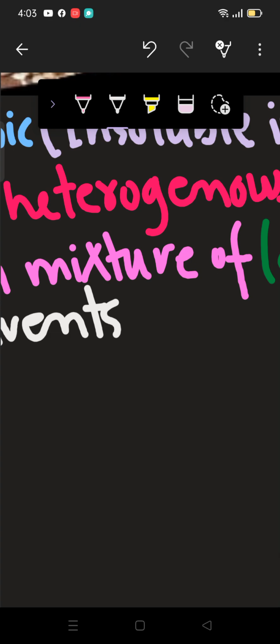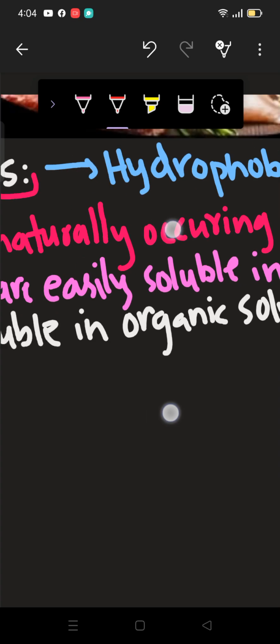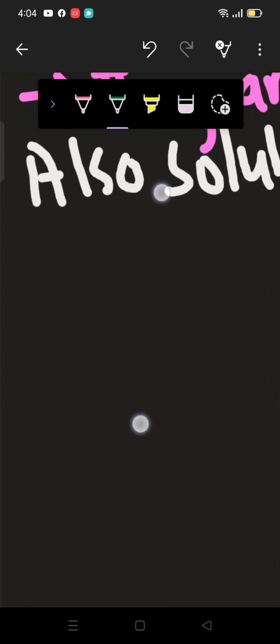And what are those organic solvents? Those are like benzene, acetone, carbon tetrachloride, and chloroform as well. Let me write the examples first.